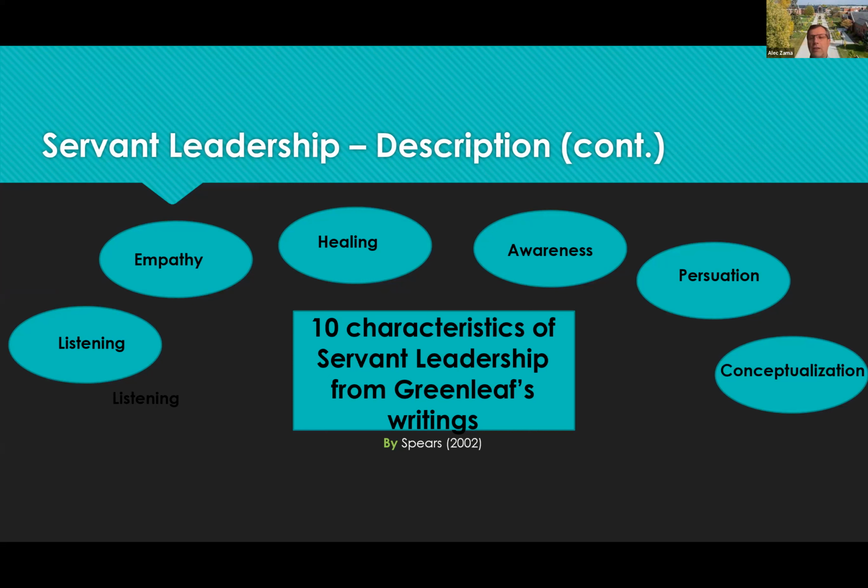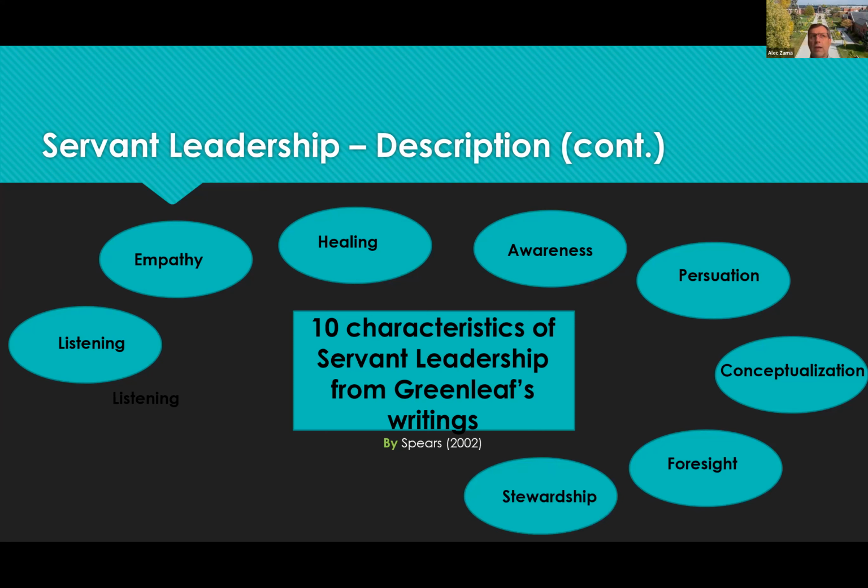Again, this is related to really understanding how different parts of the organization work and how to prepare the organization for the future. And this is foresight. It's related to conceptualization. In other words, servant leaders tend to know what to anticipate and prepare their organizations or their units to deal with what's coming up.